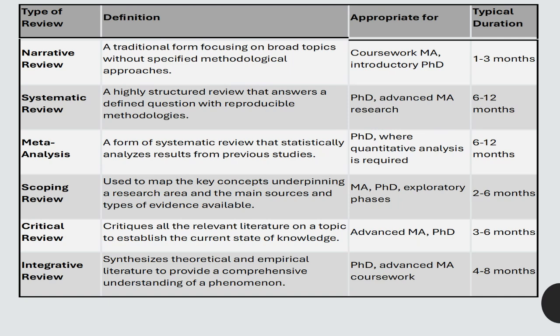Now, a systematic review is appropriate for PhD or advanced MA research. Depending on how brave your supervisor is, for a master's study, your project can be a systematic review. And that's it. You might not need to go to the field at all.